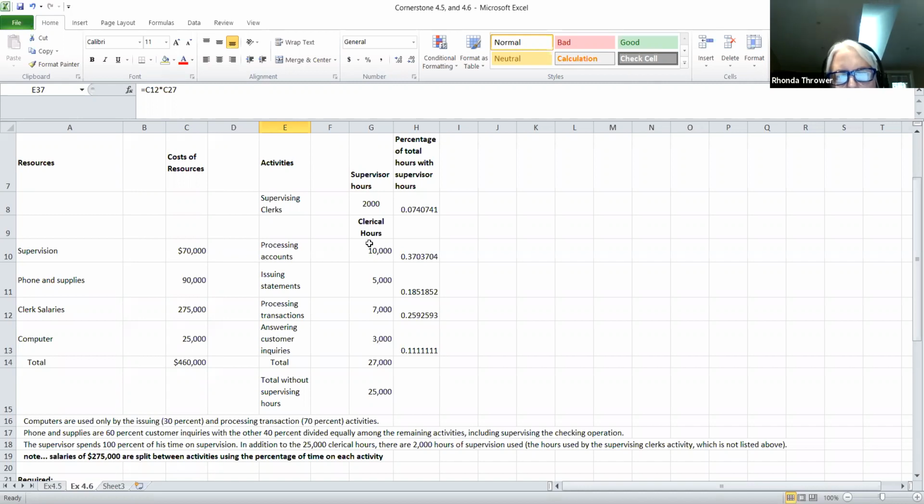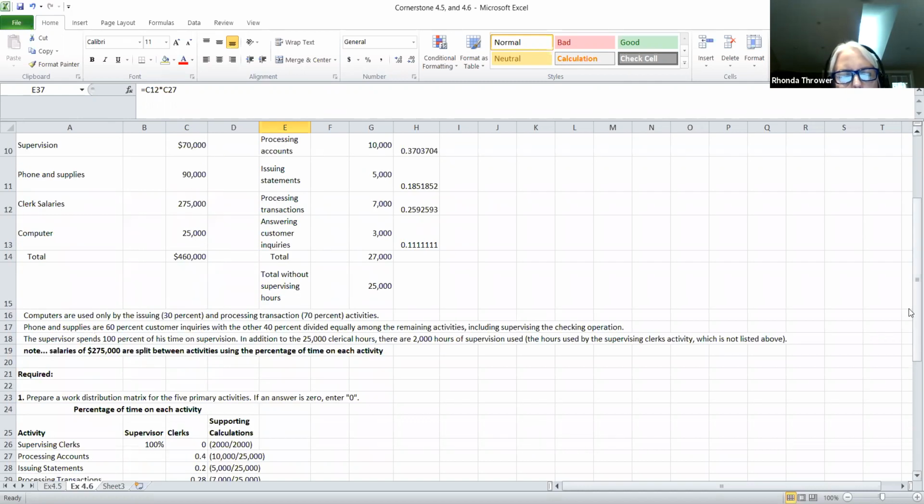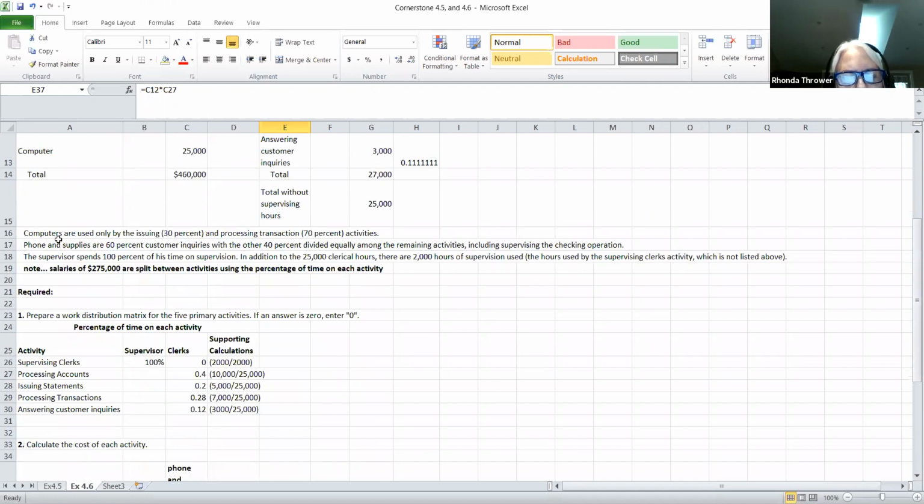I added some extra information to this because of the way they wanted you to look at these activities. So you have to be really careful when you're reading these problems and try to look at the information that they've given you, and this will help you to understand how they're allocating their resources.